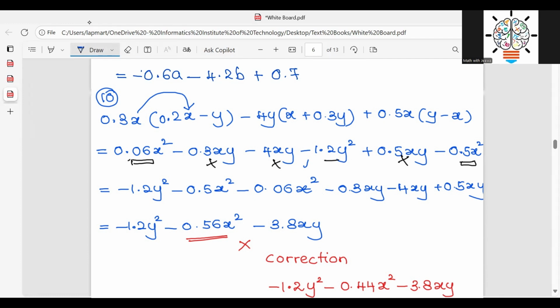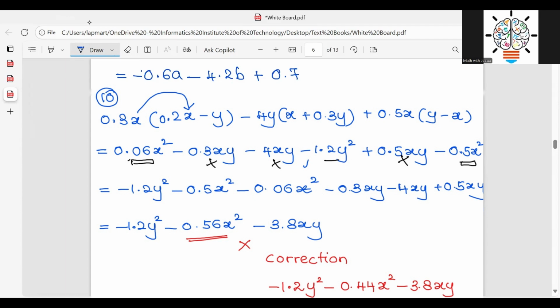So then I write negative 1.2y squared as it is. And then you have 0.5 and 0.06. You want to add them together. It gives me negative 0.56x squared. And then you have 0.3, negative 4, and positive 0.5. It gives me negative 3.8xy, right?